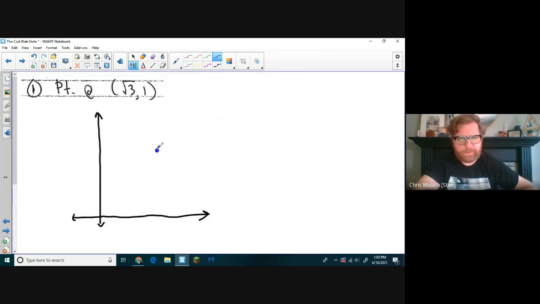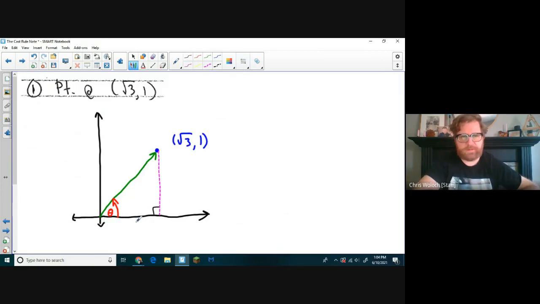So again, I have a point here, root 3 and 1. The swing is an angle of theta. And then just like yesterday, what do we do? Well, I dropped a perpendicular.